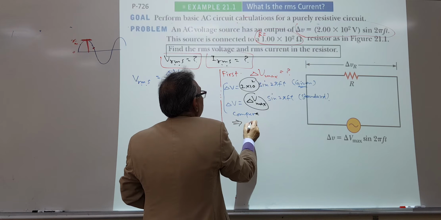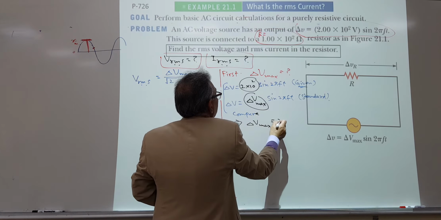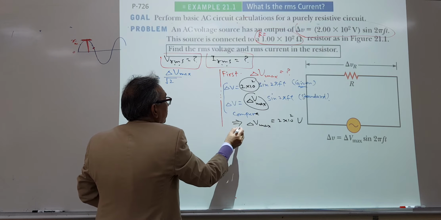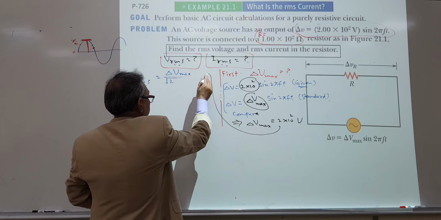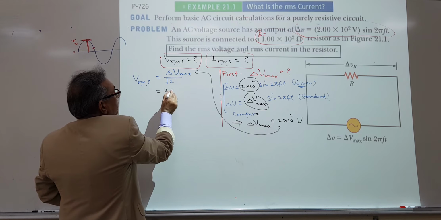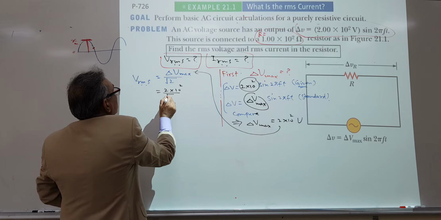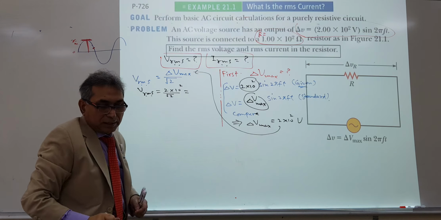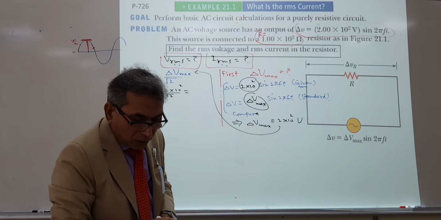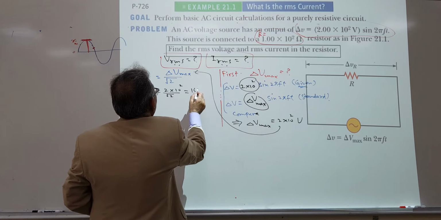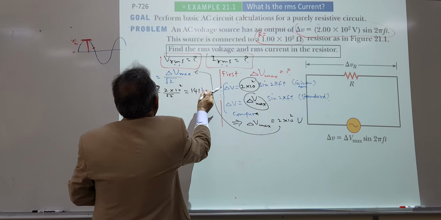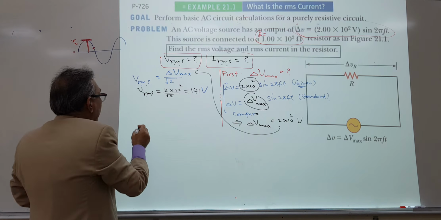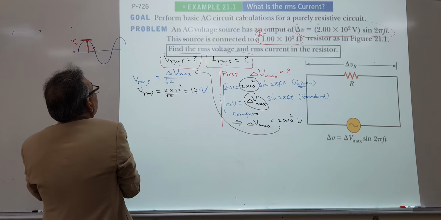So it implies delta V max is equal to this many volts. I would use this value over here, and I would get the V RMS, 141 volts.